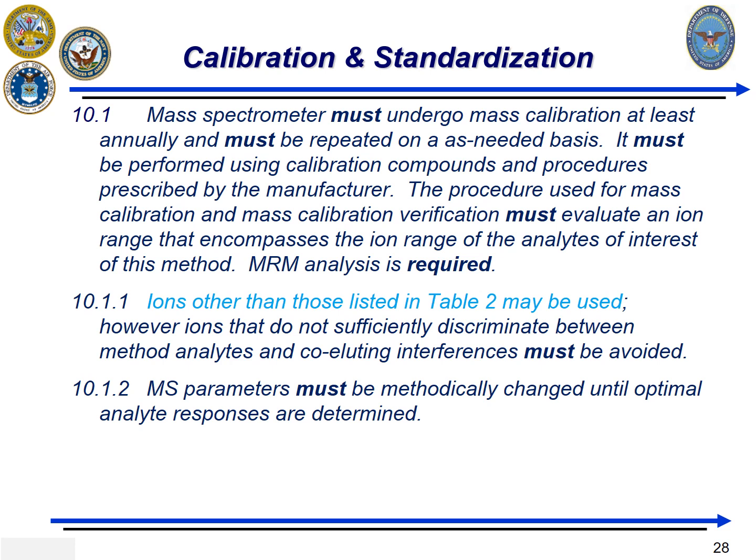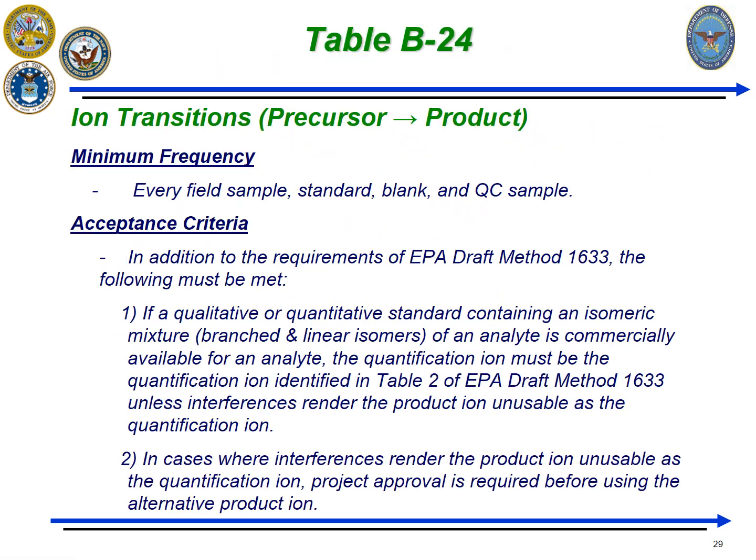Obviously, there's a little give and take on the responses and having the optimal response for every analyte. So while the method states that other ion transitions can be used, we've made a further clarification on that.